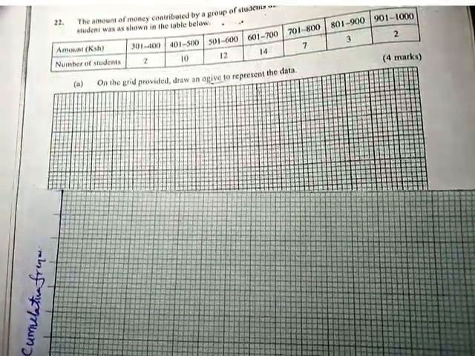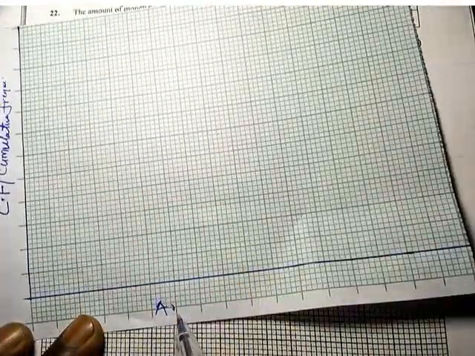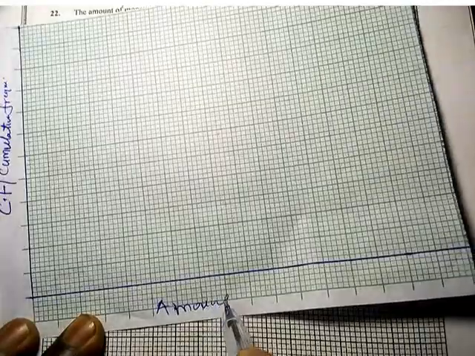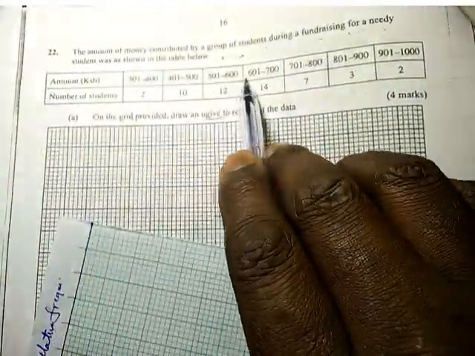So in this case we are going to use the amount. The amount is in our class, so we are going to use the lower class limit.